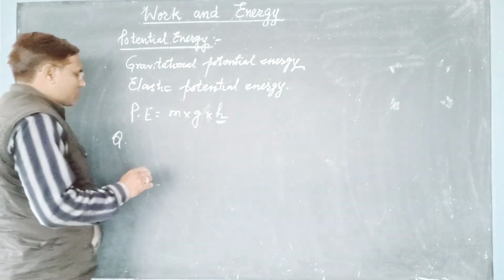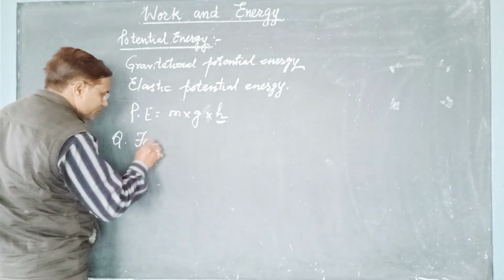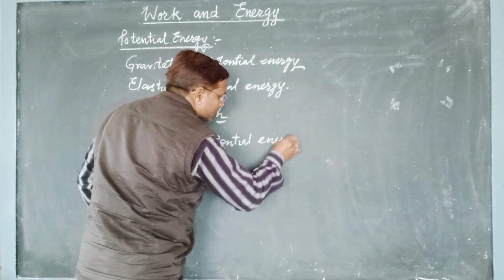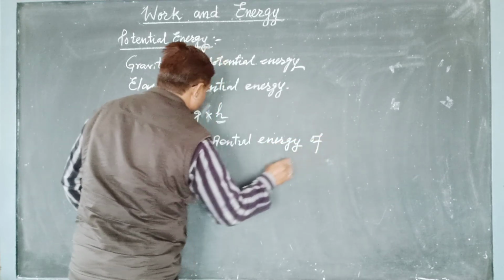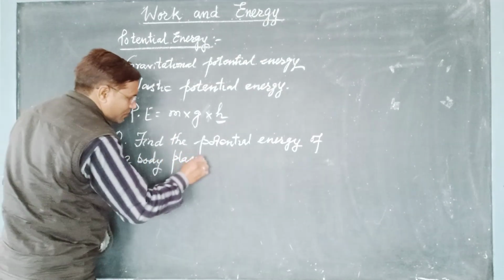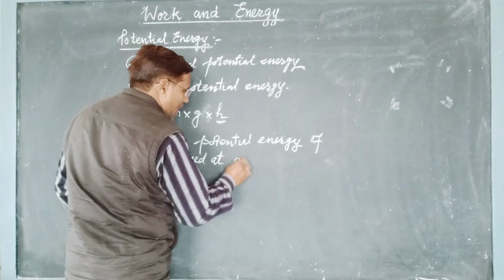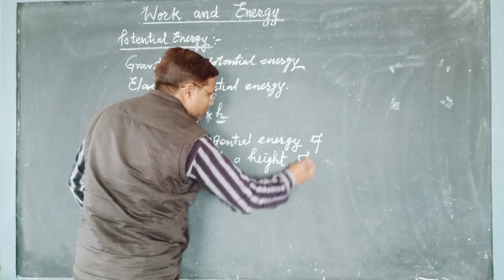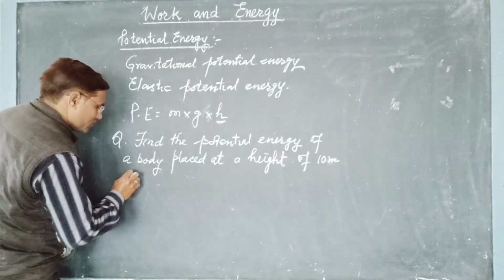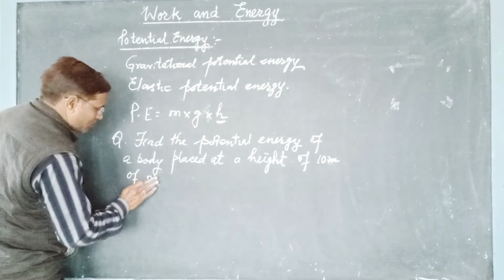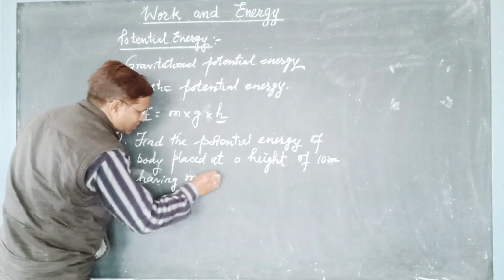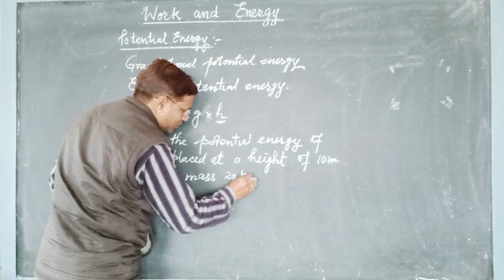For example, let us take an example. Find the potential energy of a body placed at a height of 10 meter having mass 20 kg.